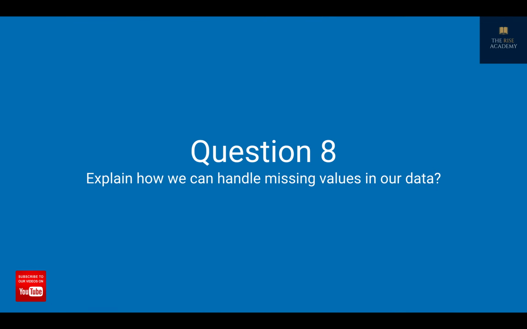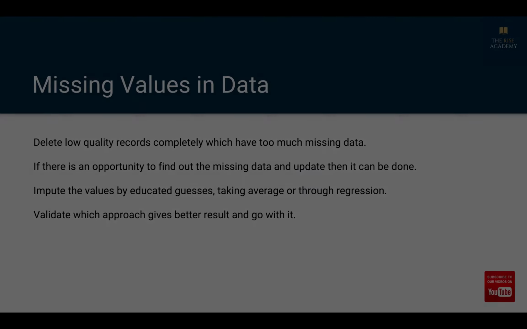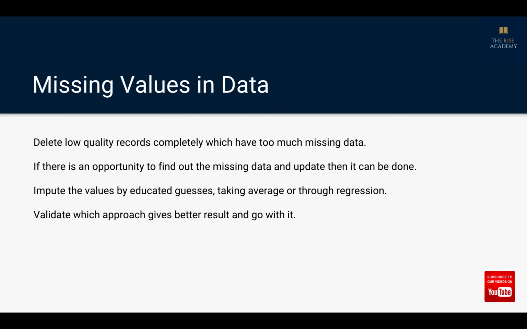The next question is, explain how we can handle missing values in our data. So, as a data scientist, you may come across data that is very unclean, with a lot of missing data, and you should know how to handle missing data if that happens, right? So, that's why you might be asked this question.